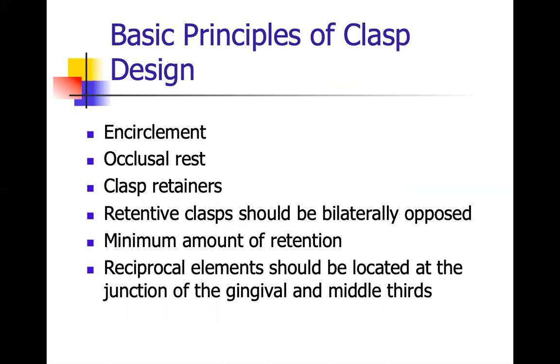Now I move to the second part of my lecture, that is the basic principles of clasp design. First of all, the principle of encirclement, which means that more than 180 degrees of the greatest circumference of the tooth must be engaged by the clasp assembly.